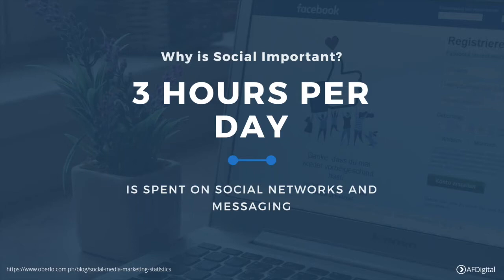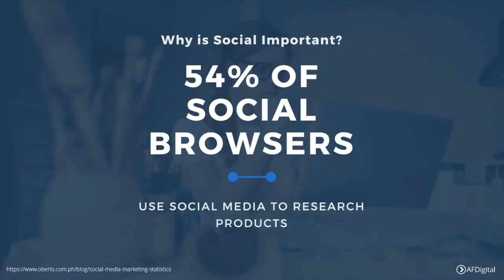And to put this 3 hours per day to scale, the average human being has a lifespan of about 79 years. If we calculate 3 hours per day for 79 years, that rounds out to about 12.5% of our entire lives spent only on social networks and messaging alone. And it's not even just for entertainment. It's not even just for leisure.